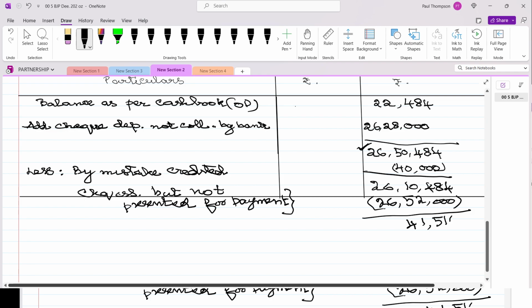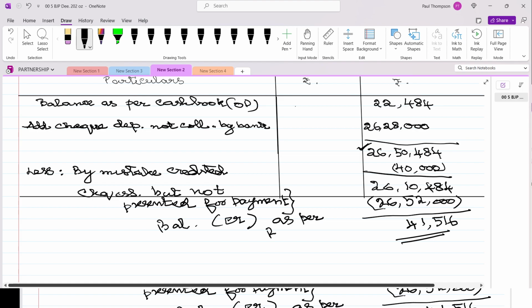This is the credit balance, not the debit balance, as per bank statement. So in your question, it is given as bank debit balance. We hope it is a printing mistake or something else. So it is actually the favorable balance, 41,516.